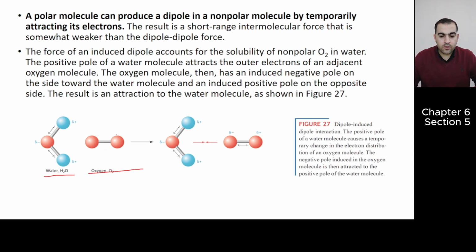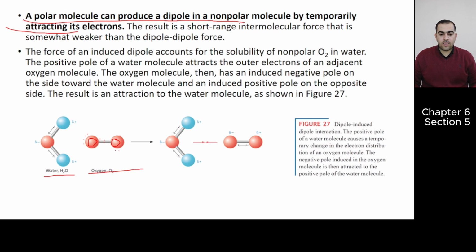There are no poles, right? But the polar molecules can produce a dipole in a nonpolar one by attracting its electrons. These are oxygens, and they have valence electrons, so they have 2 lone pairs, and there are 4 electrons that are shared, isn't it?